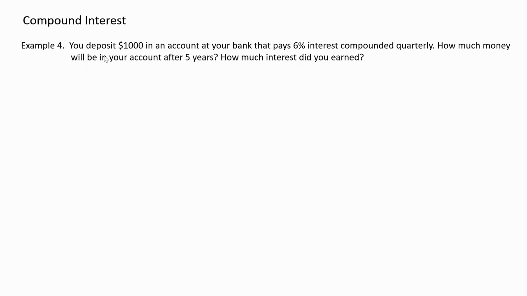Again, say you deposit $1,000 in an account at your bank that pays 6% compounded quarterly. How much money will be in your account after 5 years? And how much interest did you earn? Every semester that I teach this specific chapter, I always get the attention of the students.